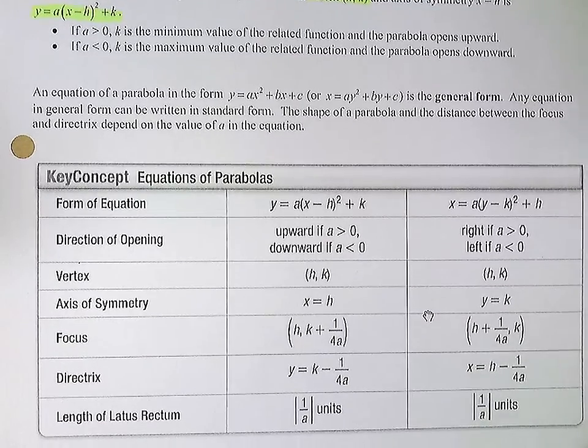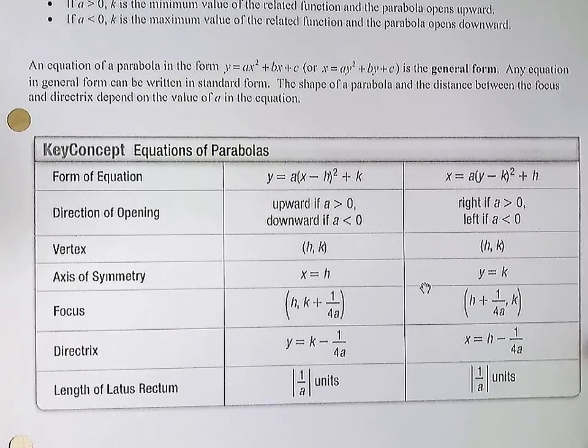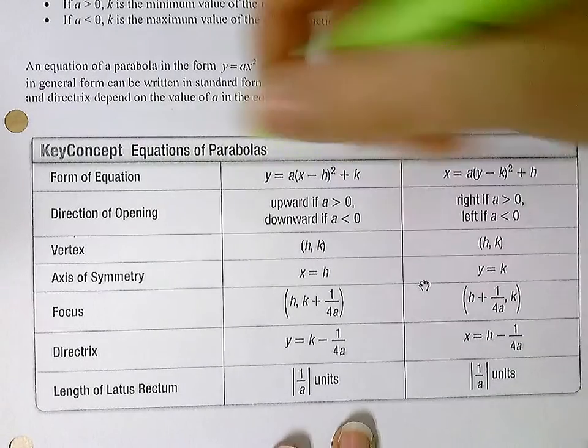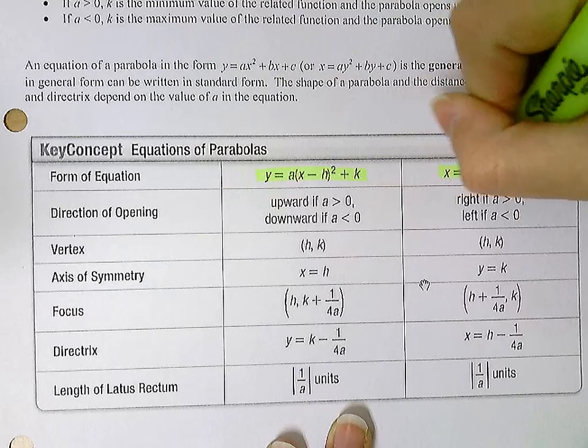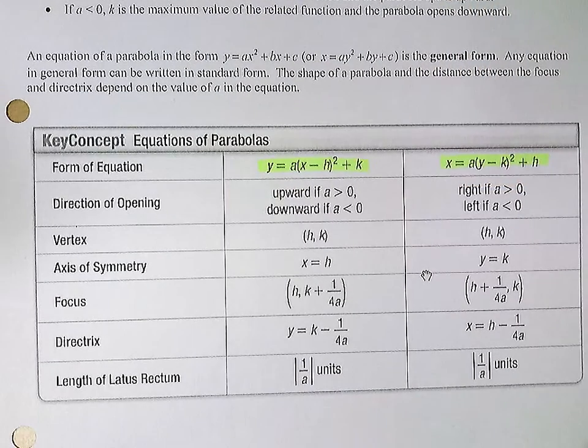equations for parabolas. Okay, so the form of the equation depends on which way it's opening. Okay, so y equals a times the quantity (x minus h) squared plus k is when you have a normal parabola, opening up and down.